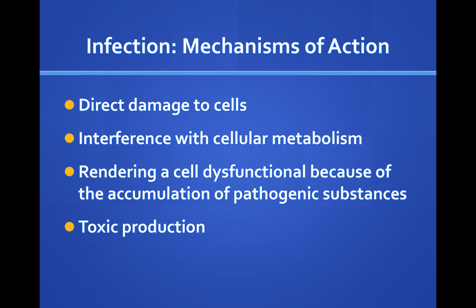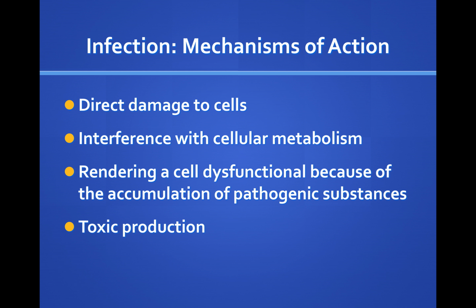So mechanism of action for any infection, to sum it up, is that there's direct damage to the cell, whether it has to go through the cell membrane and hook onto it like the virus, or how it enters into the nucleus with the bacteria. Interference with cellular metabolism, so it doesn't let the cell normally work the way it's supposed to.